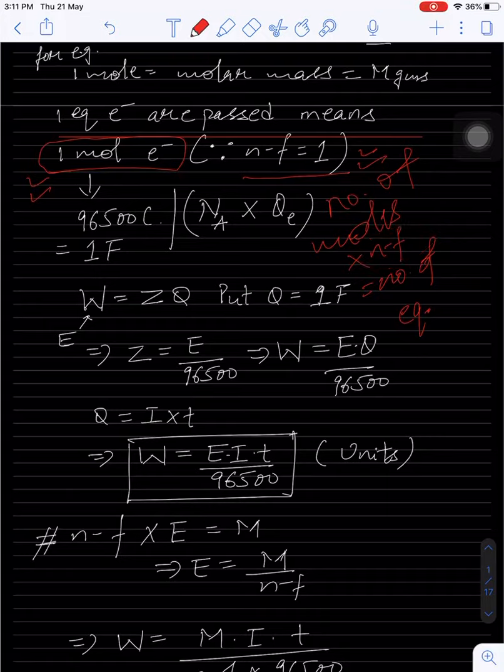We will go into this n factor in much detail. If you have studied n factor in class 11, that is well and good, or else we will go into detail on how one equivalent of electrons is equal to 1 mole of electrons.